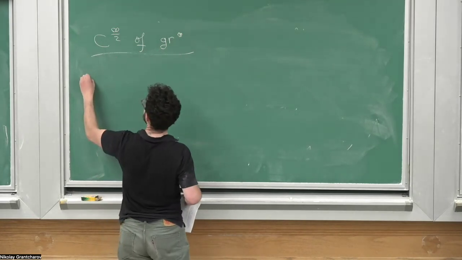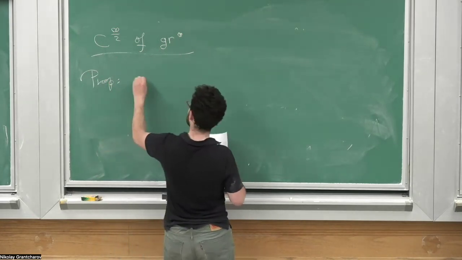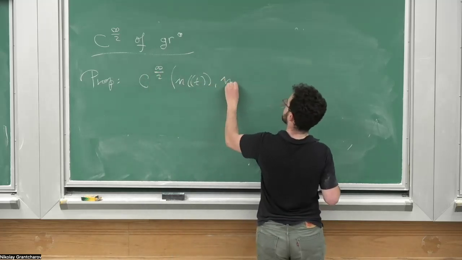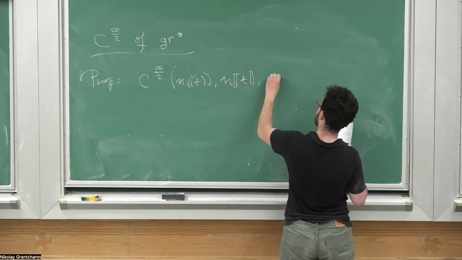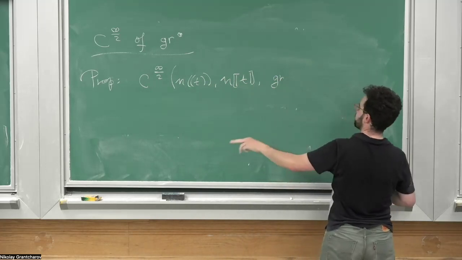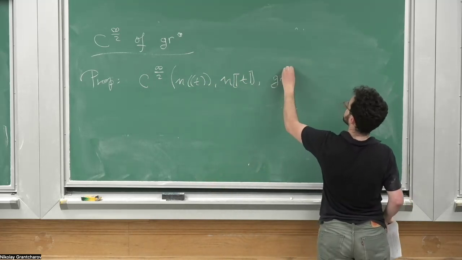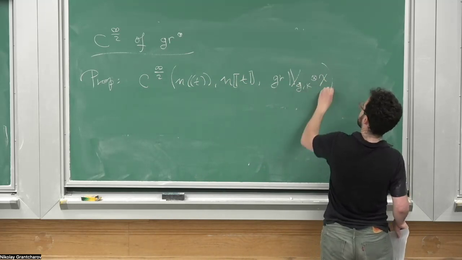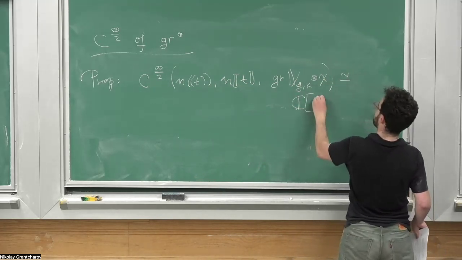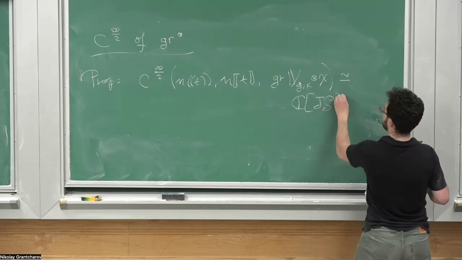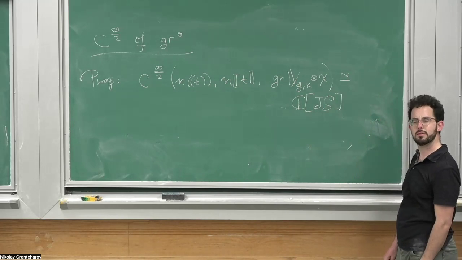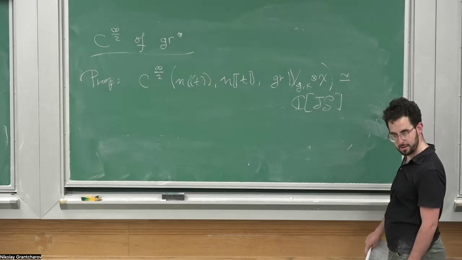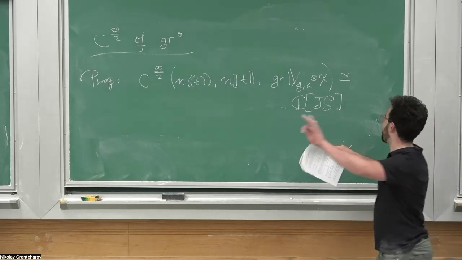So here's the statement. The semi-infinite cohomology of the associated graded, with the filtration, is going to be functions on the jet space of this space.